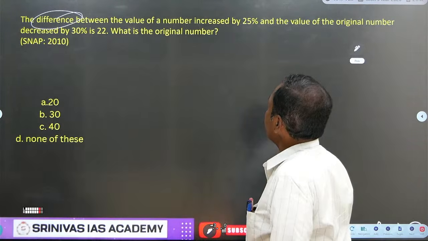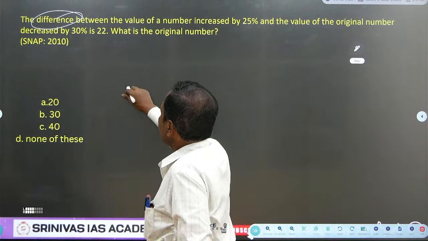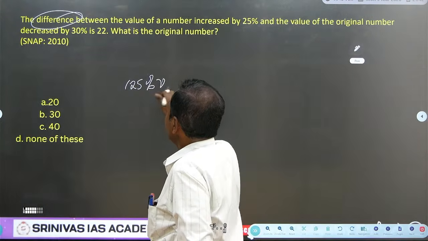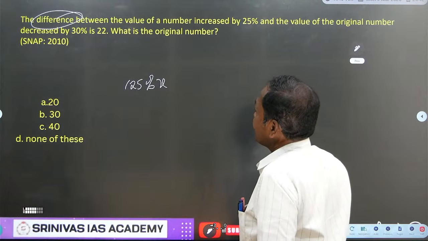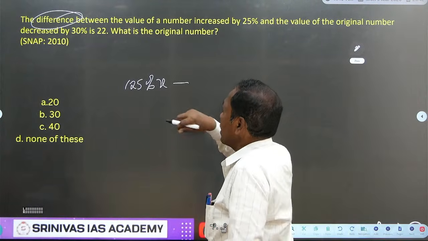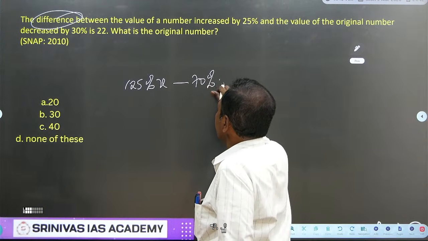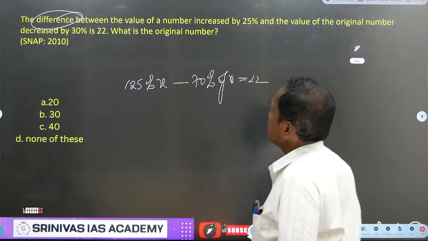The value of a number increased by 20% means 125% of, let us say, x, and the value of the original number decreased by 30%, 100 minus 30, so 70% of x, is 22. Is that right? What is the original number?